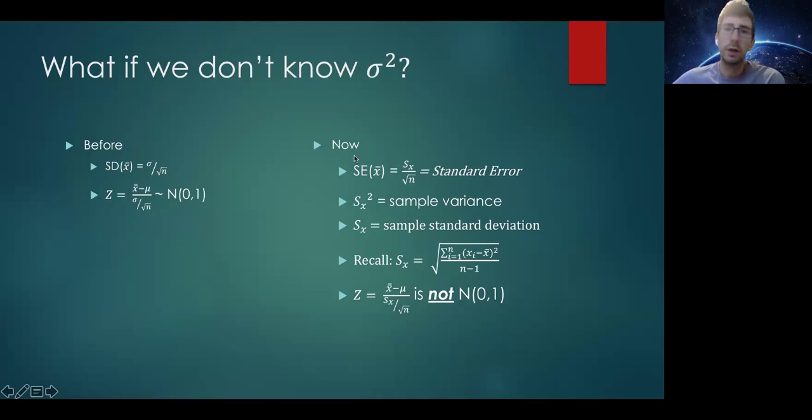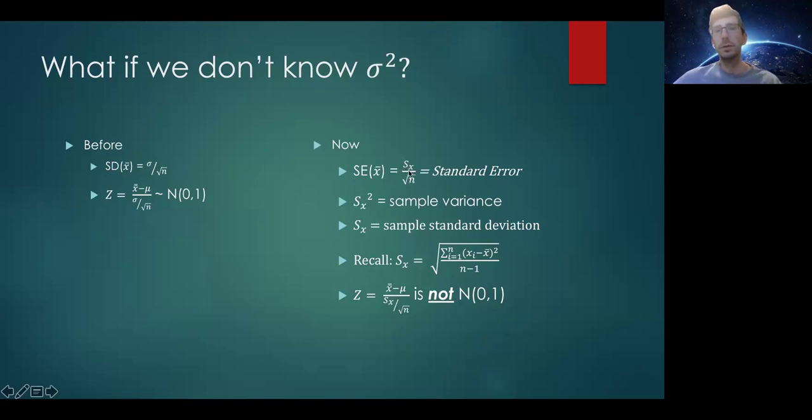But now, similar to the population proportion example, we're going to use a standard error of our sample mean. We're basically just going to swap out that population standard deviation with our sample standard deviation, just like we swapped out the population proportion with our sample proportion in the proportion chapter.